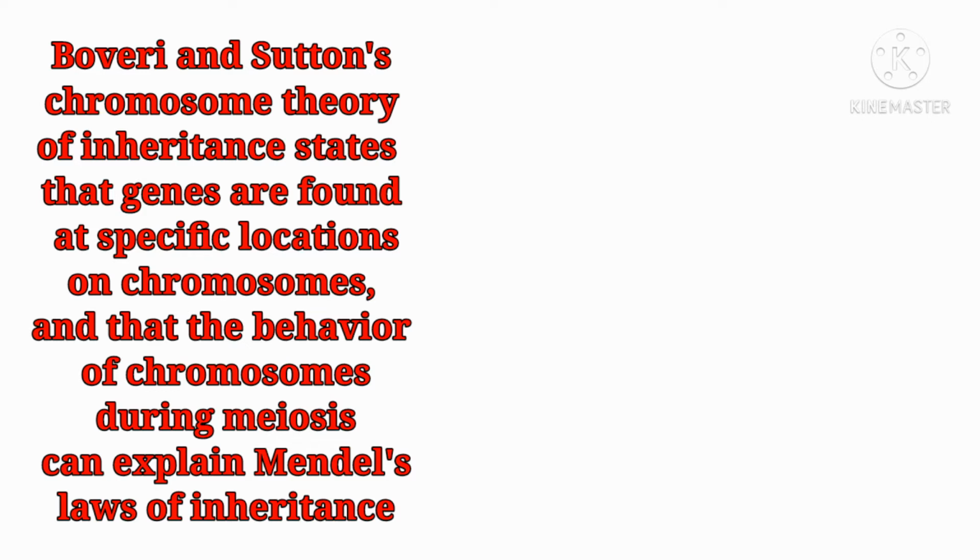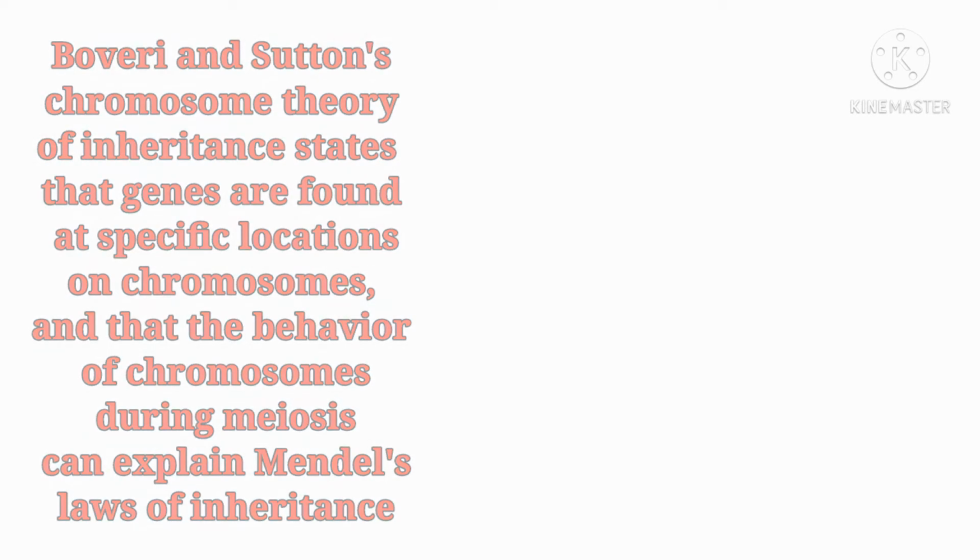It means the chromosome contains specific regions where genes are present for the specific production of a phenotype from the genotype, and that the behavior of chromosomes during meiosis can explain Mendel's law of inheritance. So meiosis is the explanation of Mendel's law. Why? Because the segregation of the alleles is important, and that segregation leads them to unite again and show the phenotype.